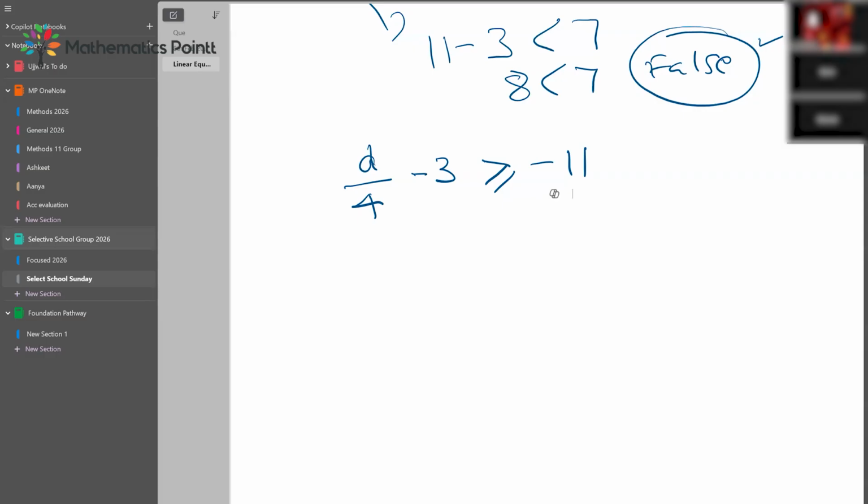Okay, Nirvi says greater than negative 32. All right. Kinetic says greater than or equal to negative 32. Give me answers, guys.